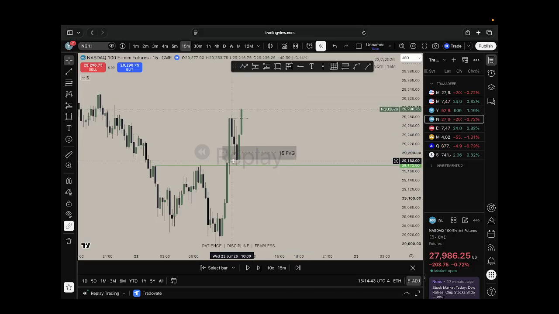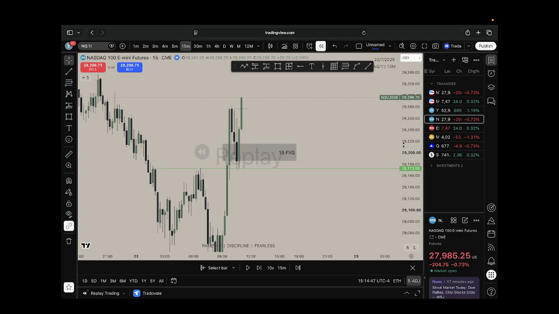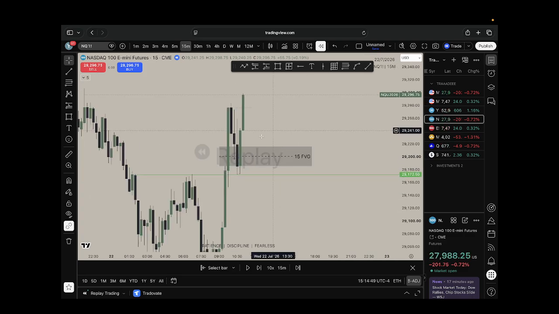Okay. Basically, fair value gap in simple terms is when we have a massive amount of displacement that we end up leaving a gap between this candle's wick and the third candle's wick. And that's how you mark that out right there, just like how I just did. And then keep in mind we're also below 10 a.m. opening price.